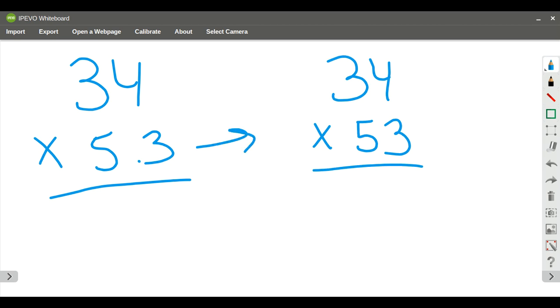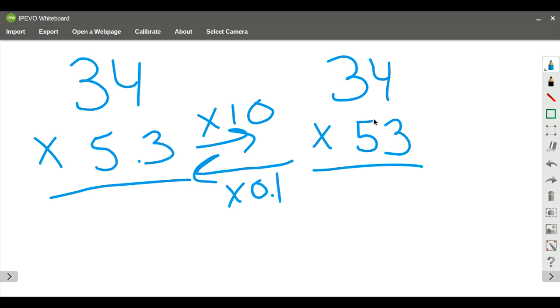To go from 5.3 to 53, I multiplied by 10, which means to go from 53 to 5.3, I multiply by 1/10. So 53 is 10 times greater, or 5 and 3/10 is 1/10 of 53.